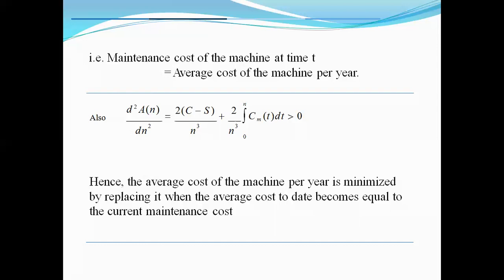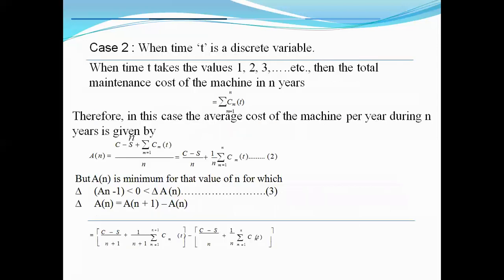Hence the entire equipment or machinery needs to be replaced, because instead of spending a much larger amount, that is 50 to 60 percent greater than the investment cost, which creates the current maintenance cost, it is unfeasible to keep the particular machine, and it should be replaced.